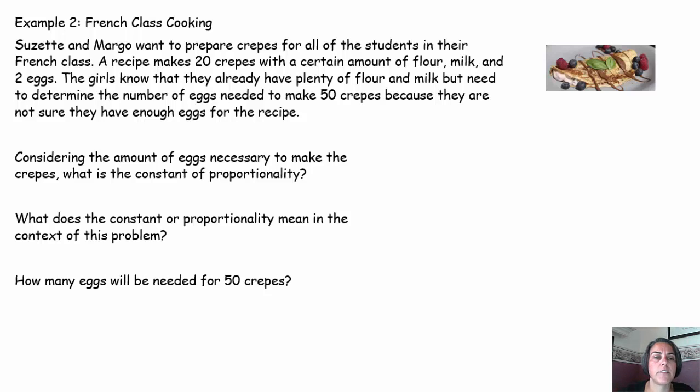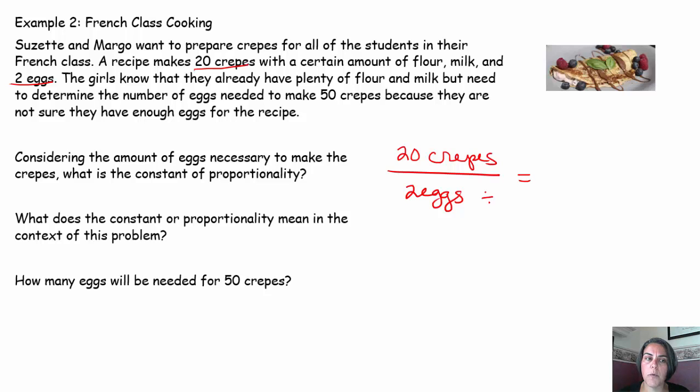All right, hopefully you paused the video. So I know from my recipe, 20 crepes call for 2 eggs. I could divide this out to get my constant of proportionality or my unit rate. Divide denominator and numerator by 2 because we want to know how much per 1.